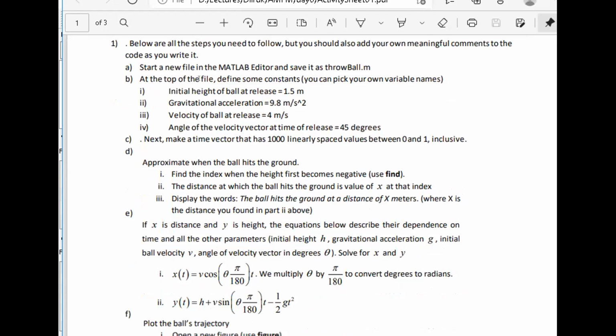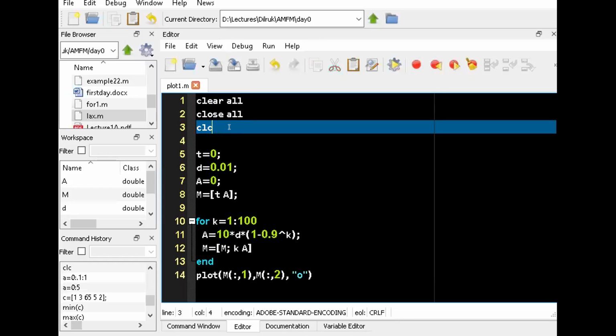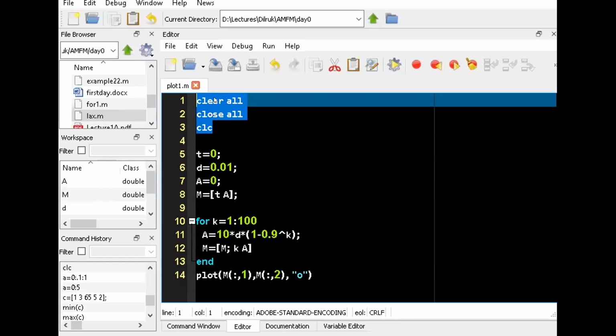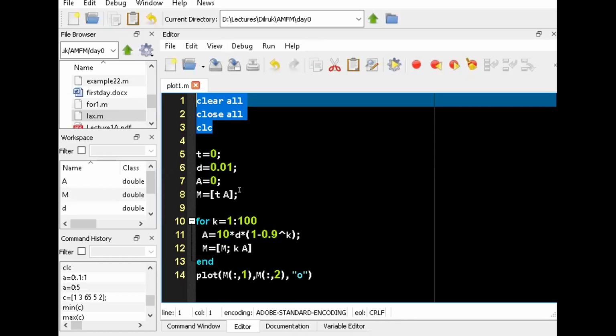At the top of the file, define the constants. When you start writing a script, make sure you include commands to clear memory, close windows, and clear your screen. Then you can define your constants like this.